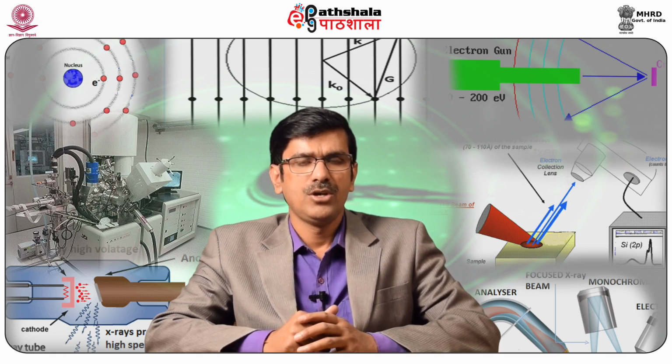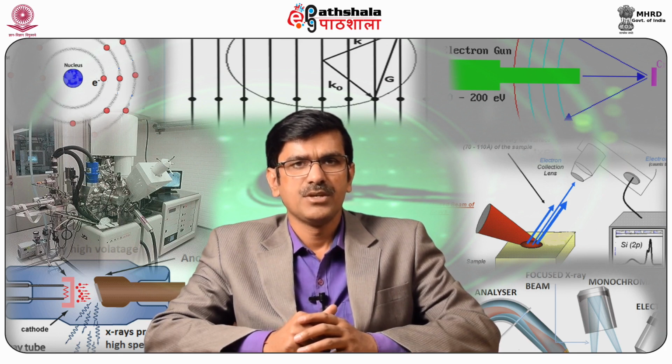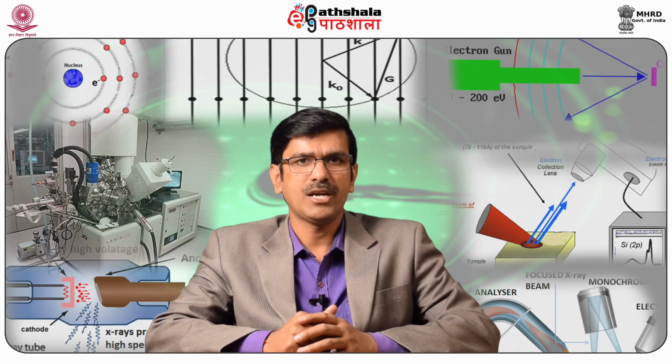Now we would conclude the introduction part of XPS. For ejecting electrons from metals, the energy of incident light should be higher than the energy of electrons present in the metal. Kinetic energy of photoelectrons can be calculated using the photoelectric effect equation: KE is equal to h times (nu minus nu naught).